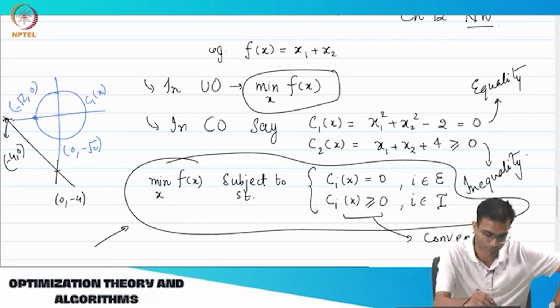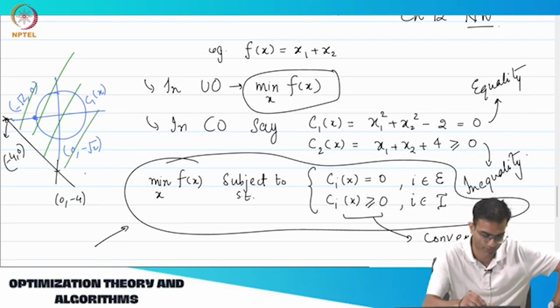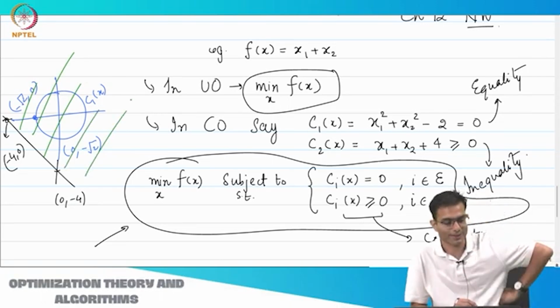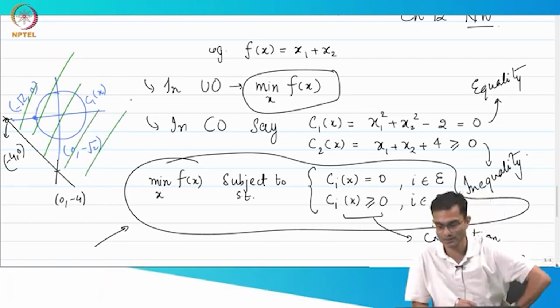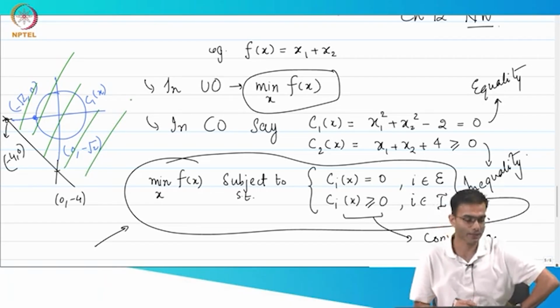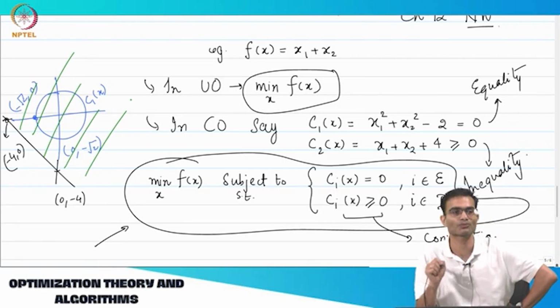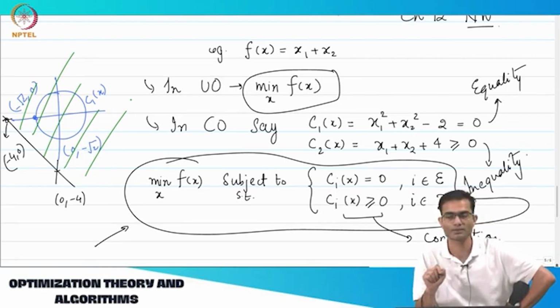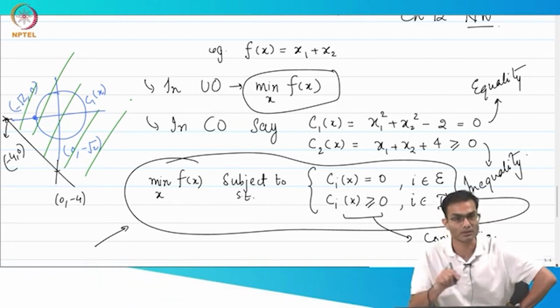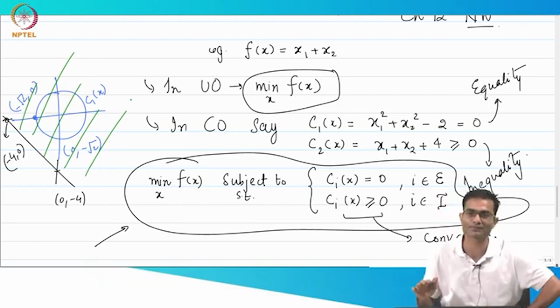The entire circle is legal because it's in this region. So it's quite obvious that this full dashed green region satisfies C2x, and the circle itself satisfies C2x and C1x. So if someone asks what is the feasible set for this problem, it is the circle, not the green region. The circle is the feasible set.